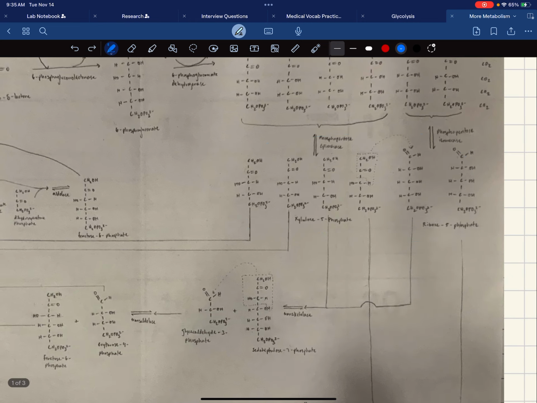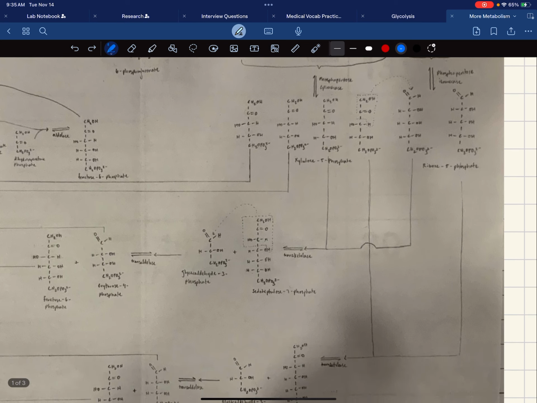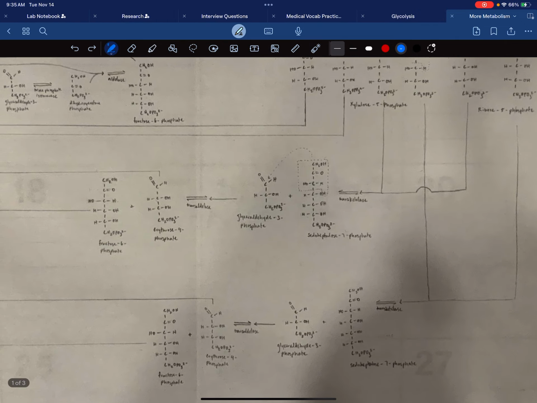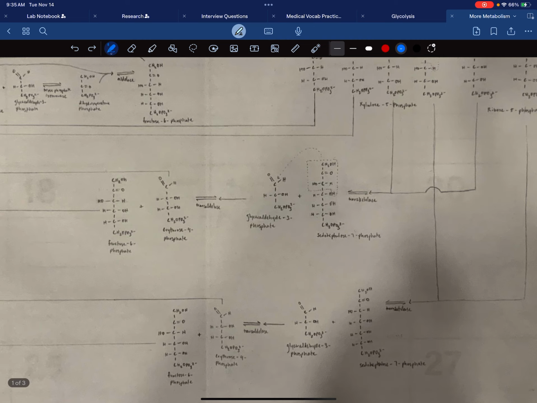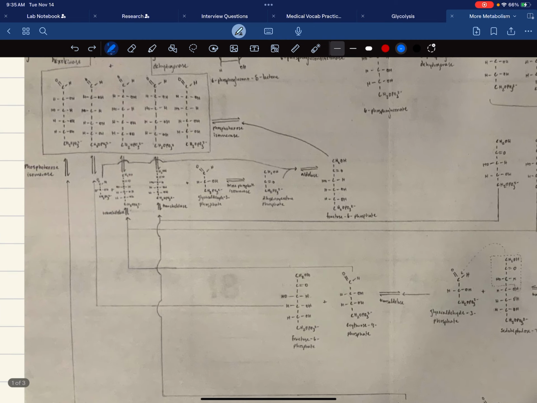So you've got ribose 5-phosphate. One of them goes through the transketolase reaction. We add it to a glyceraldehyde 3-phosphate, and take them back all the way up this pathway to being glucose 6-phosphate.